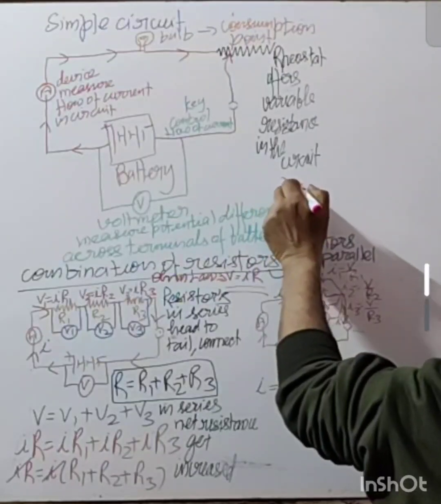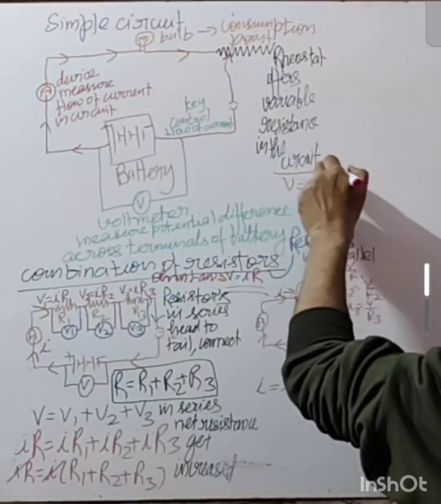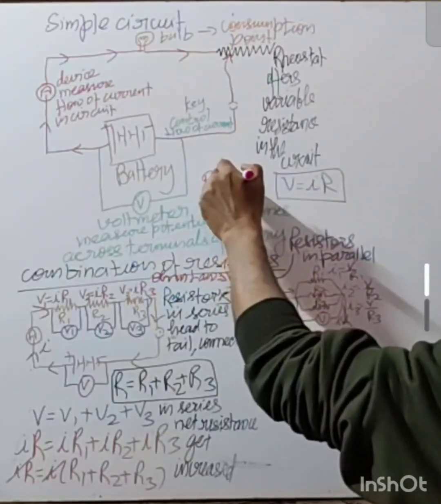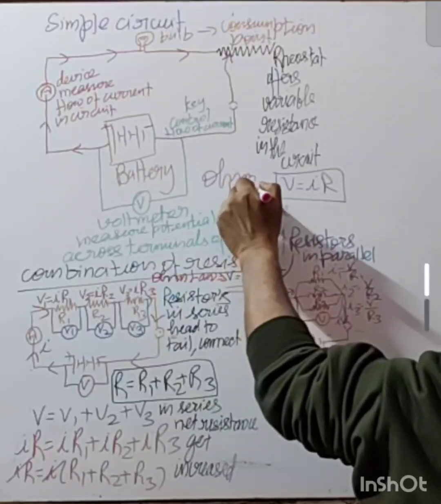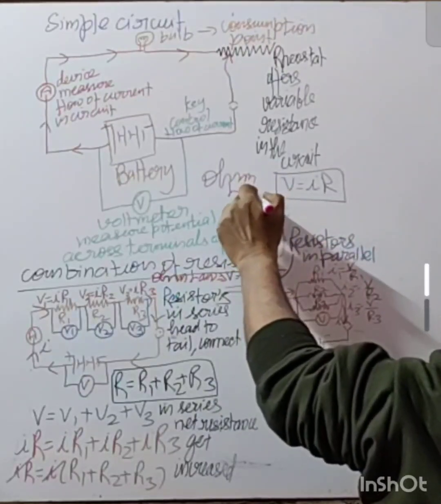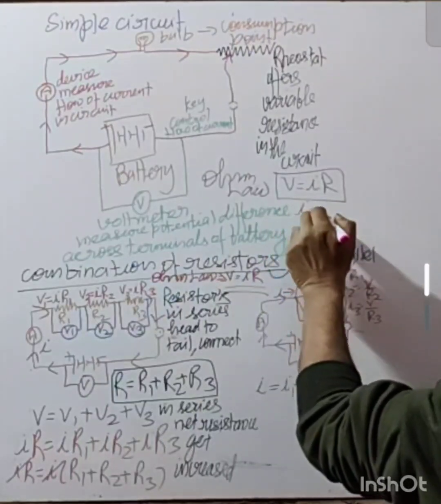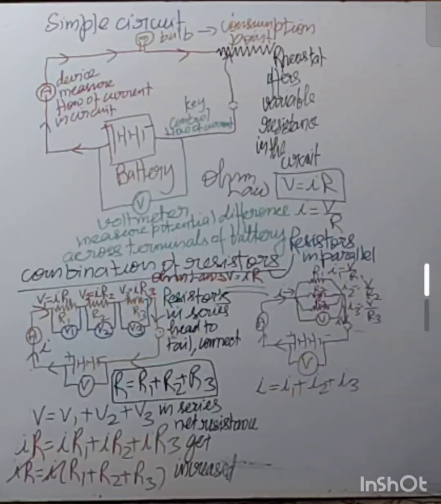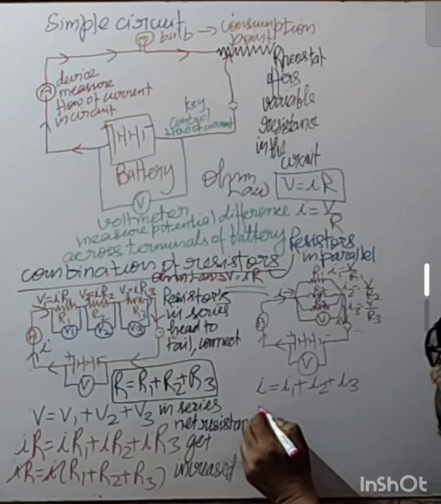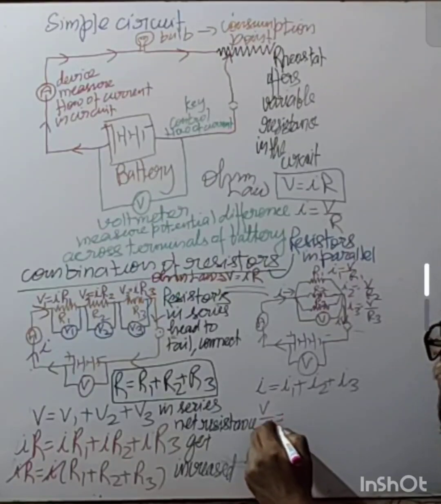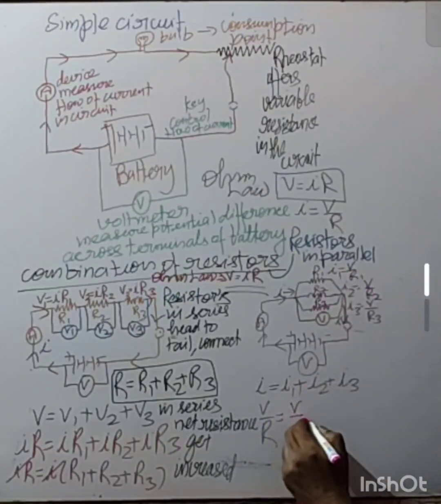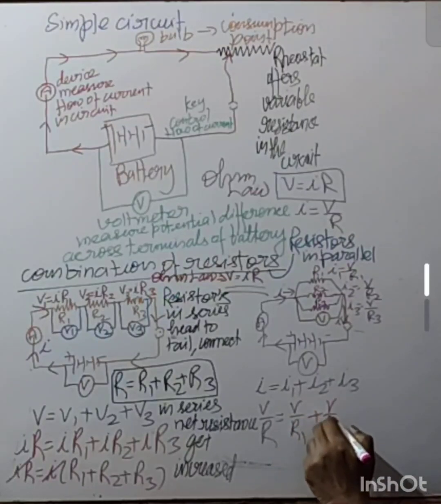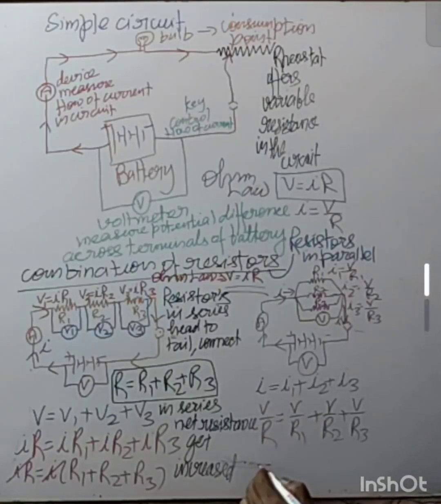You said V is equal to IR. This is Ohm's law, so I is equal to V upon R. So here we can write V upon R is equal to I1, that is V upon R1, plus V upon R2, plus V upon R3. Now we have taken V as common.